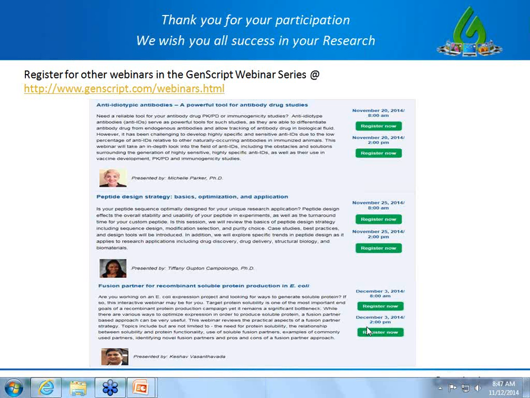With the silver package, we test 8 different conditions by optimizing growth temperature, media components, and inducer concentrations. With the gold package, we test 48 different conditions, optimizing not only the 3 parameters I just mentioned in the silver package, but also promoters, host cell strains, and fusion partners. Potential Gold package is the most robust industry-first high-throughput expression and solubility optimization matrix.